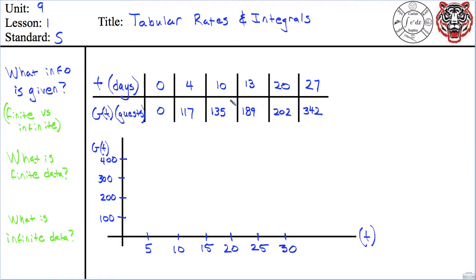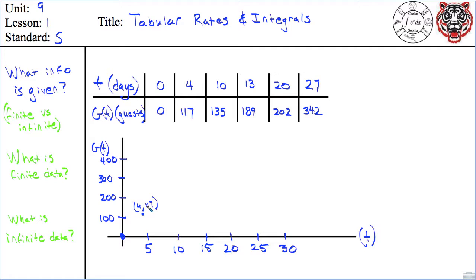All right, so let's go ahead and graph these points on our graph. So where are these going to be? 0, 0, that's pretty easy. That's down here. We have 4, 17, so that's right about there, and we'll label this 4, 17.